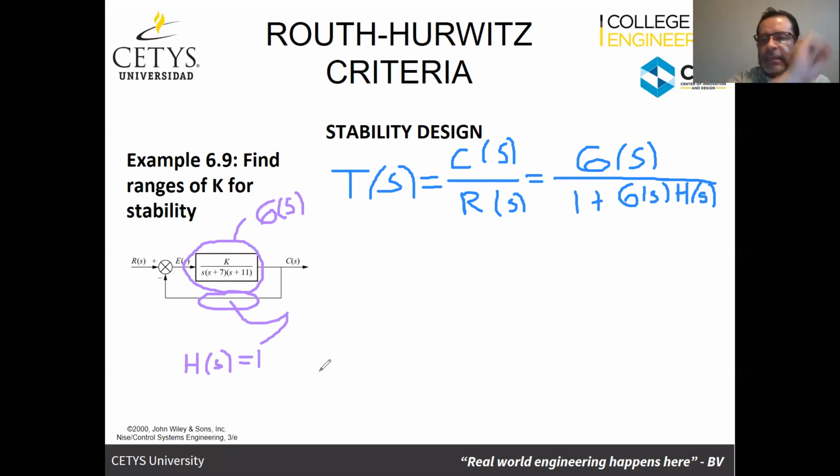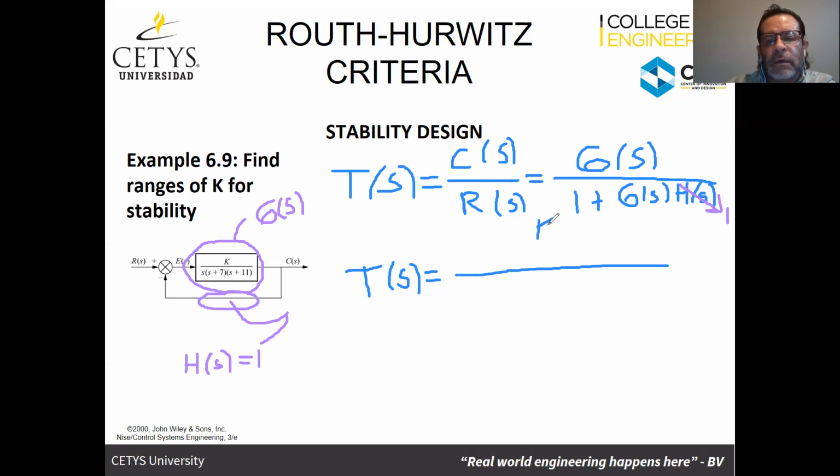I directly take the signal and feed it back. So we're only going to have G of S divided by 1 plus G of S. And therefore, for this system, T of S is going to be equal to G of S, which is K, divided by S plus 7.